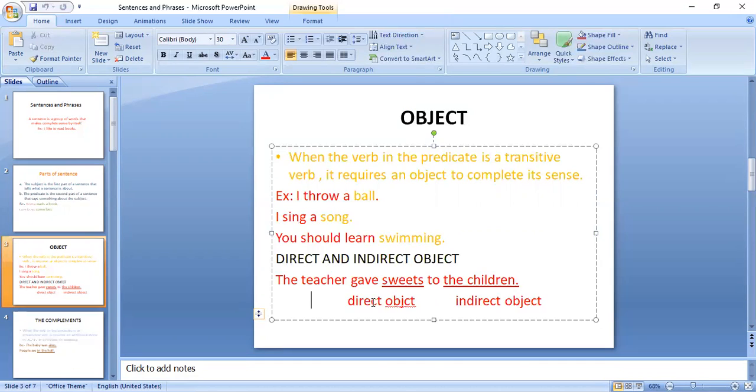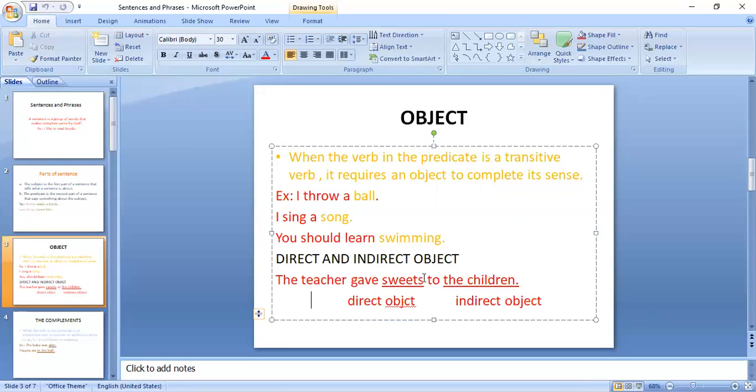The noun answering what after the verb is called the direct object. What after the verb? The verb is gave. Gave what? Sweets.